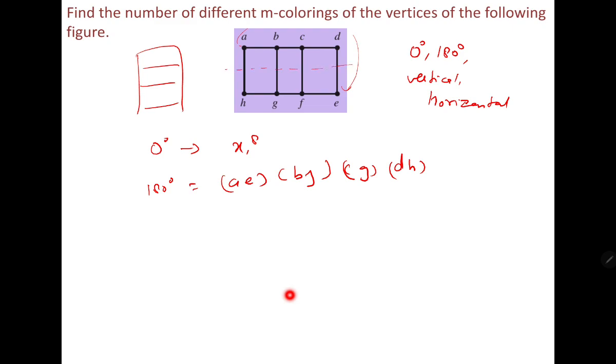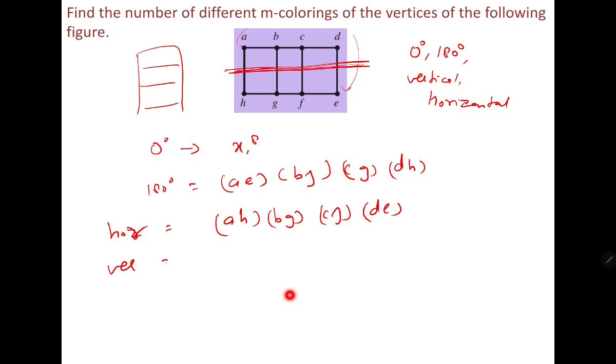Now if you consider the vertical or horizontal axis, let's first consider the horizontal axis. When you take the reflection, A and H get interchanged, B and G, C and F, D and E. So that is horizontal.